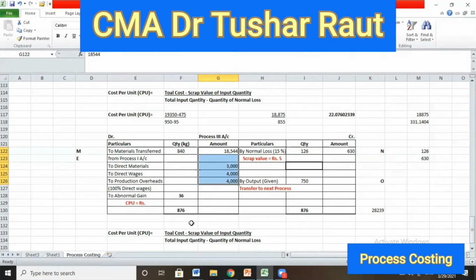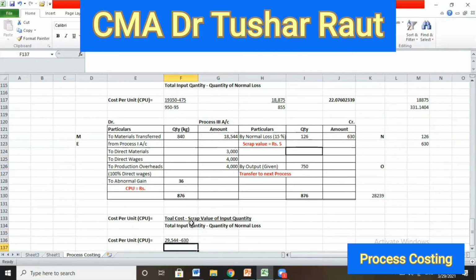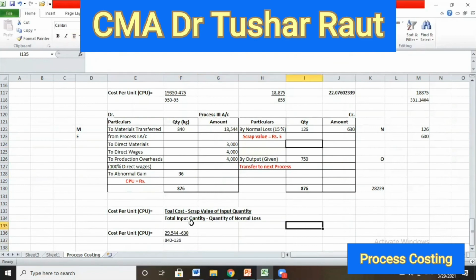So 29,544 minus 630 upon 840 minus 126. So we need to calculate these two things: 29,544 minus 630 will be 28,914. 28,914 upon 840 minus 126, which is 714.